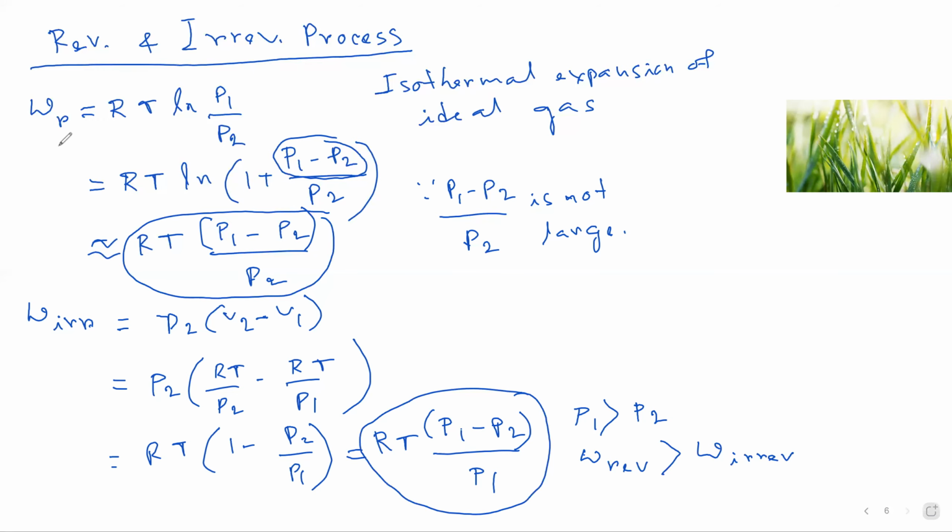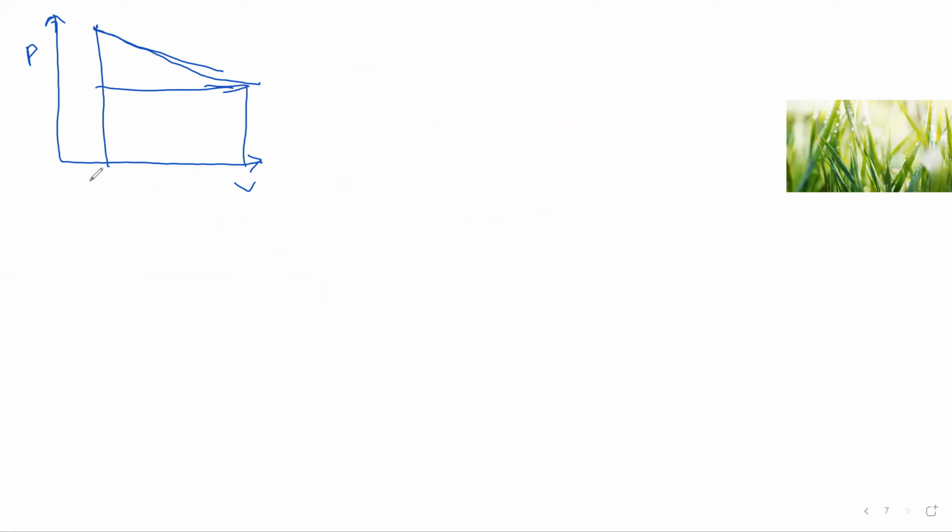Now we can draw this mathematically. Okay? And for the PV diagram, I'll draw this. So this is P and this is V. So we can draw this. So this is V1, this is V2, this is P1, this is P2.